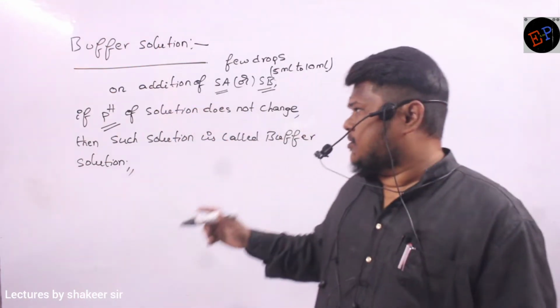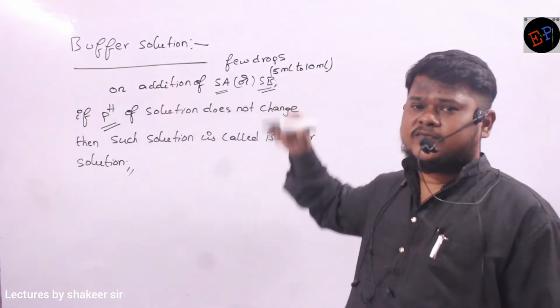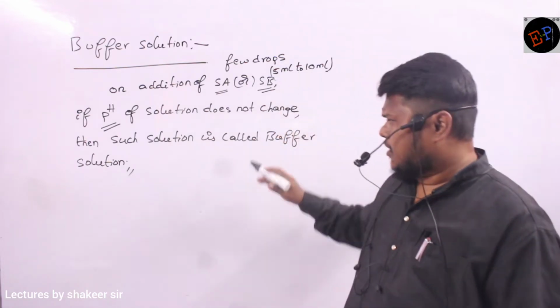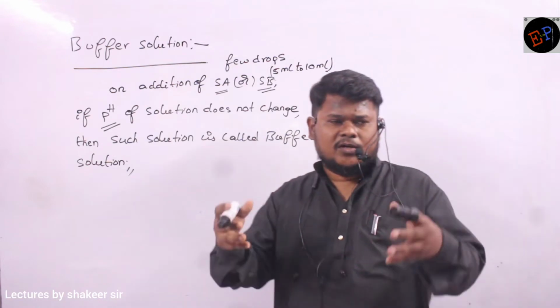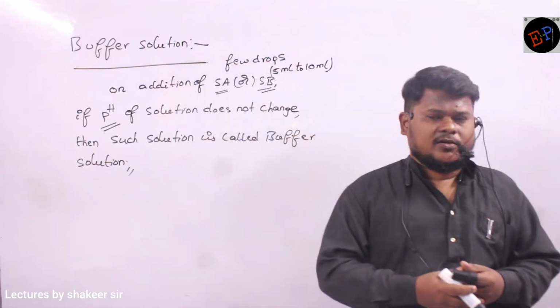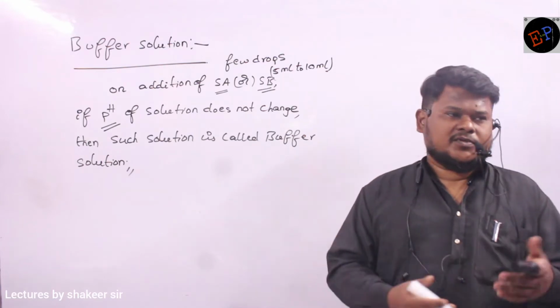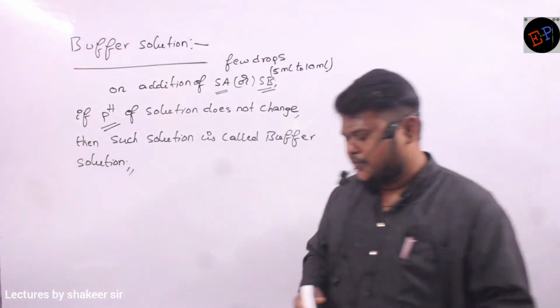Similarly, if I add a strong base, what will happen? pH value should increase. But I am taking such a solution that when you add small quantities of strong acid or strong base, its pH value should not change. Such type of solution we can call a buffer solution. Are you able to understand?